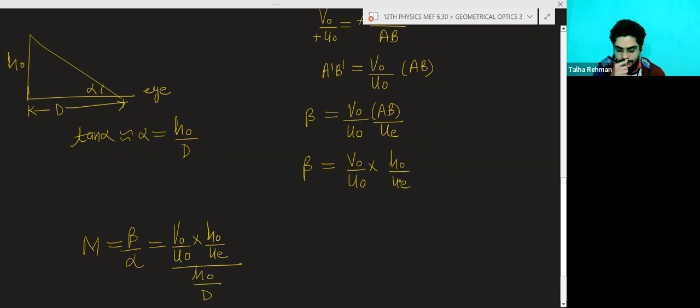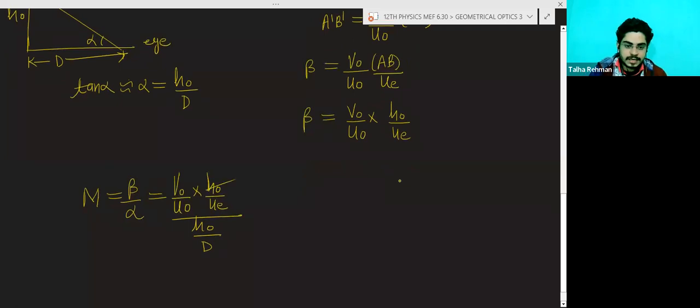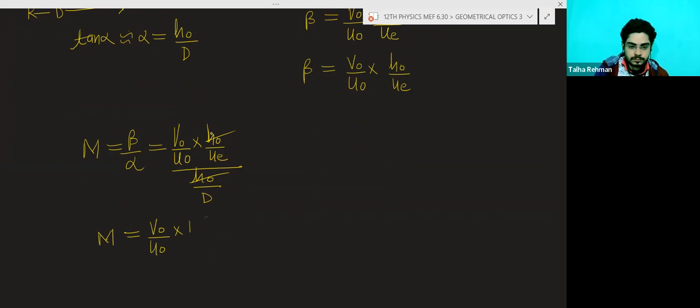Now this h naught and this h naught will cancel out. So the magnification will be v naught by u naught multiplied by d divided by ue.